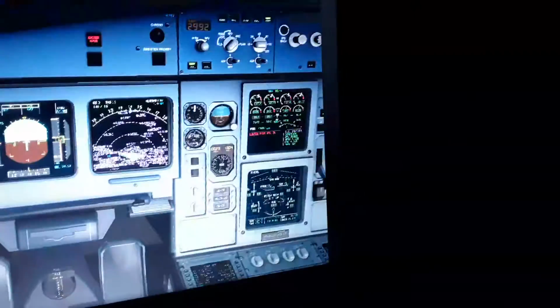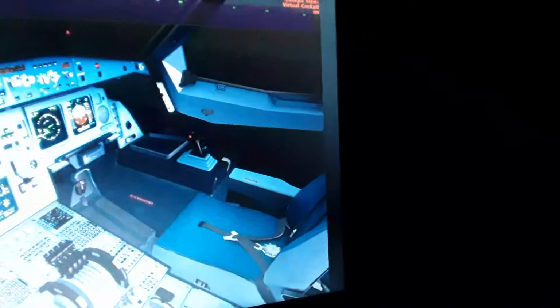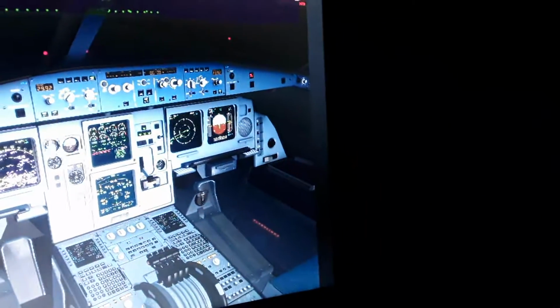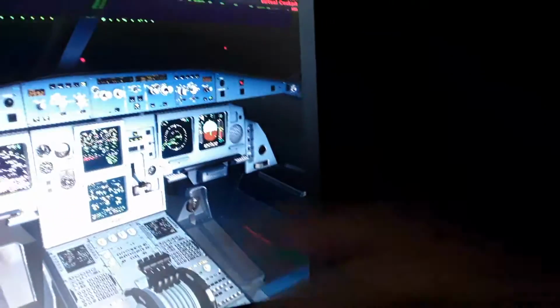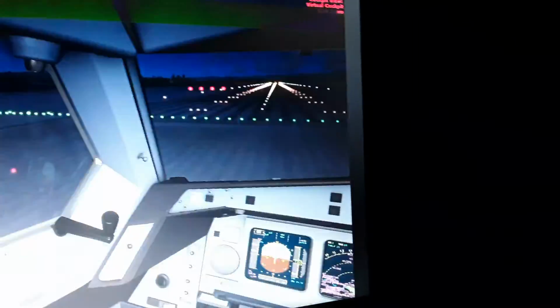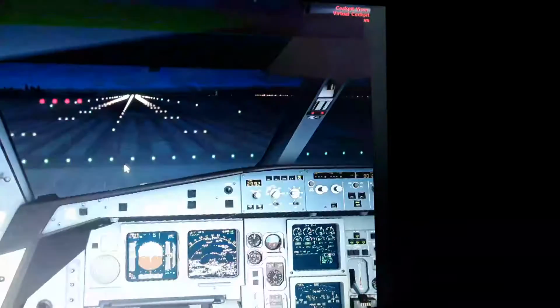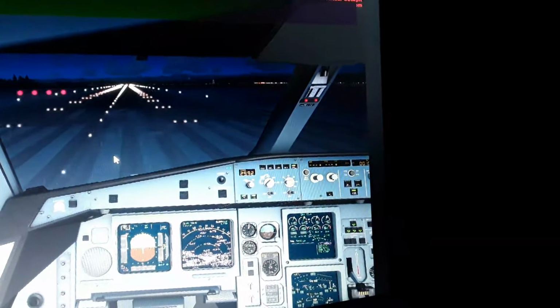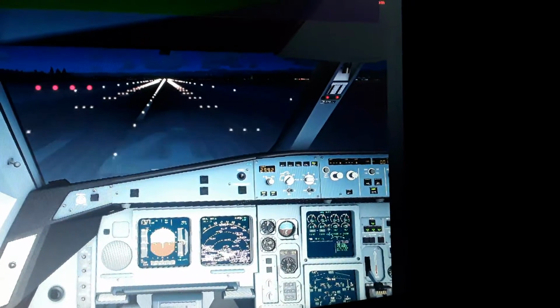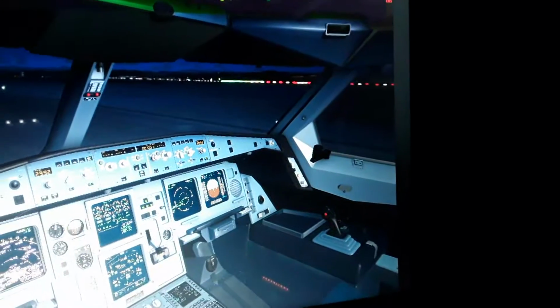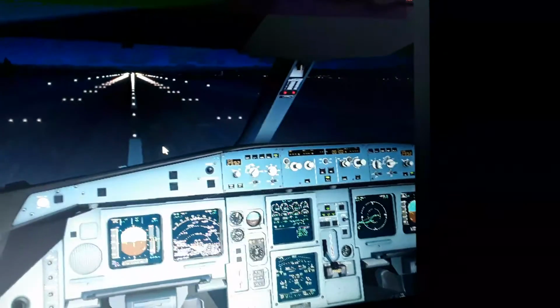So I'm gonna start taking off right now. I can also use the ILS here. So here we have it. We're ready for takeoff. We're aligned with the runway using the rudder pedals.